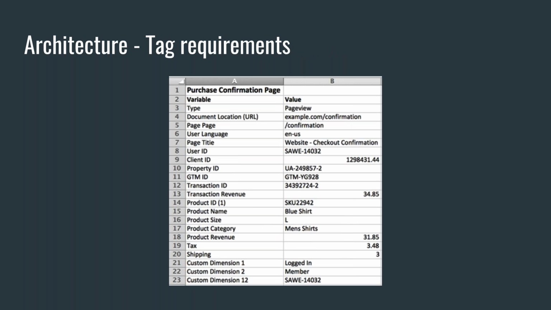In addition to this, and this is just an example for individual tag requirements, we need to be able to check both what we have architected and laid out in our data layer, and make sure that all of the requirements being dictated by the different tags and platforms are present in our new data layer architecture.